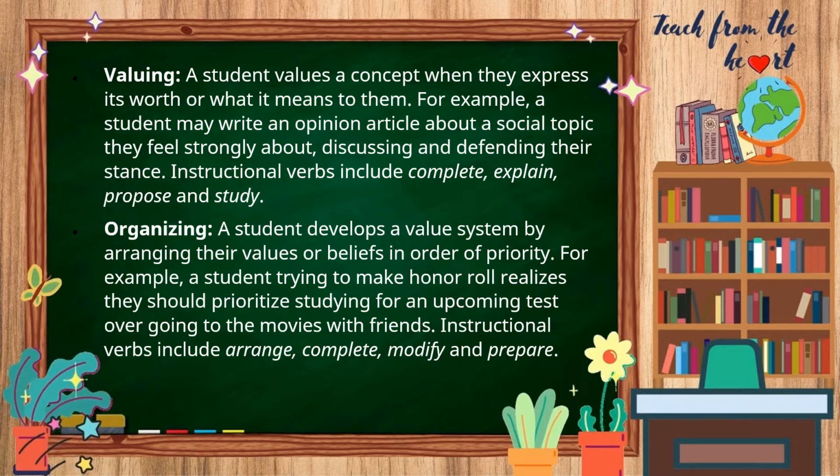A student develops a value system by arranging their values or beliefs in order of priority. For example, a student trying to make honor roll realizes they should prioritize studying for an upcoming test over going to the movies with friends. The instructional verbs include arrange, complete, modify, and prepare.